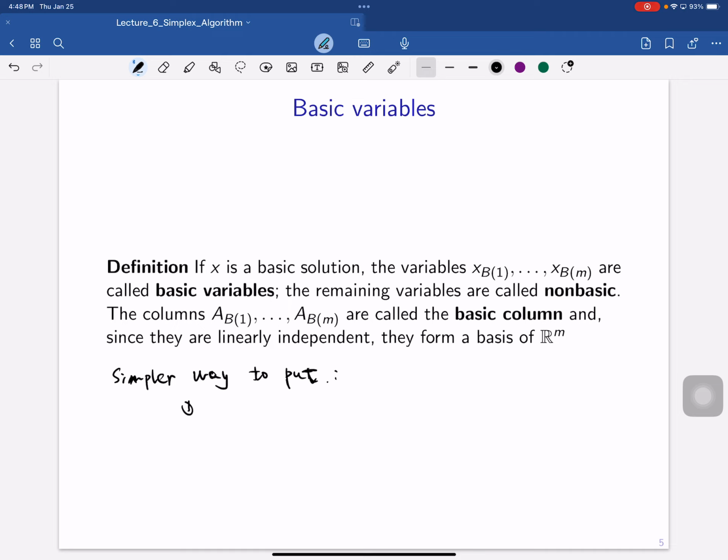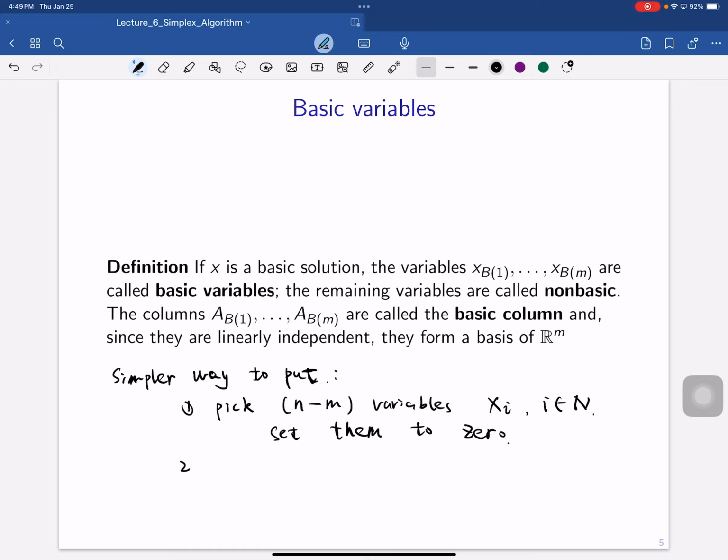Step 1, let's pick n minus m variables x_i, i in this set N, and set them to 0. You just pick a subset of the variables and set them to 0. Now you enforce n minus m constraints already.